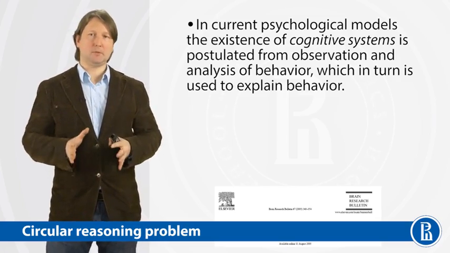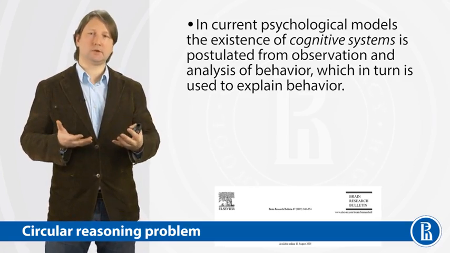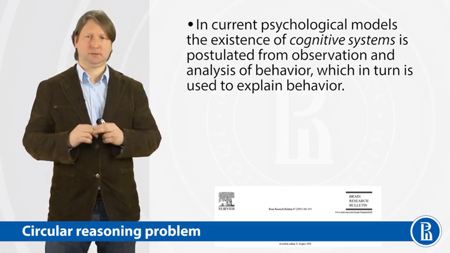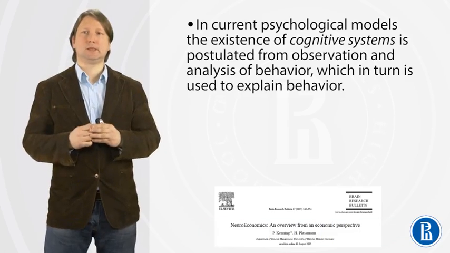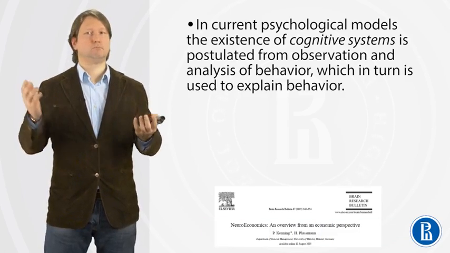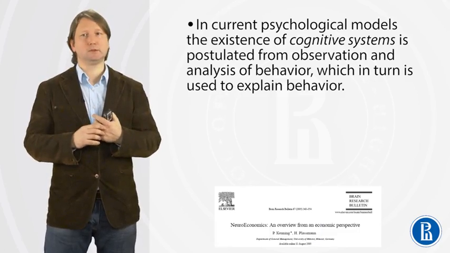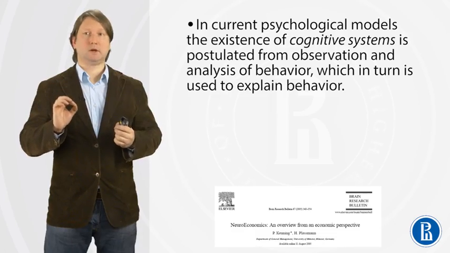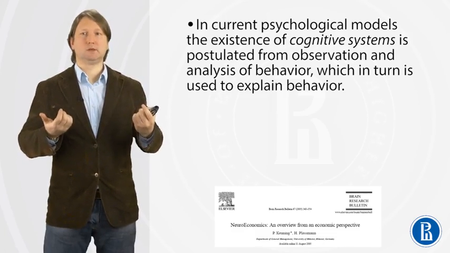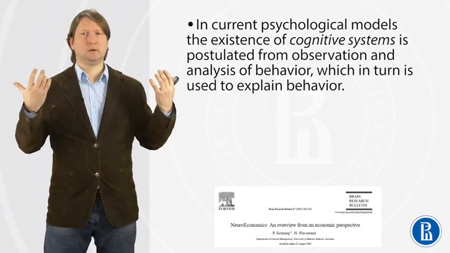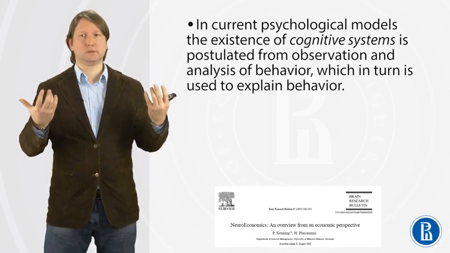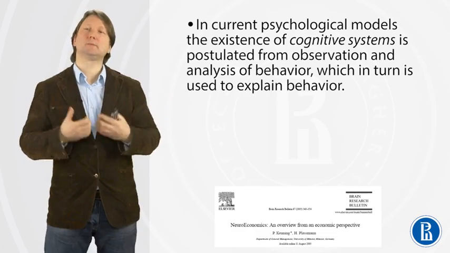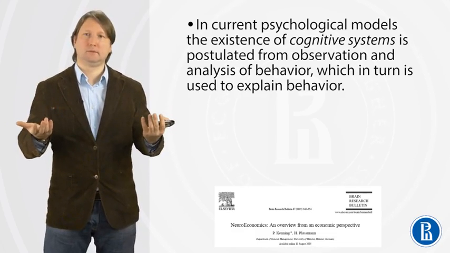Psychology investigates our behavior, and based on our behavior suggests some cognitive processes, cognitive systems, such as memory and attention, that can modulate our decisions. But in fact, they explain behavior by behavior.